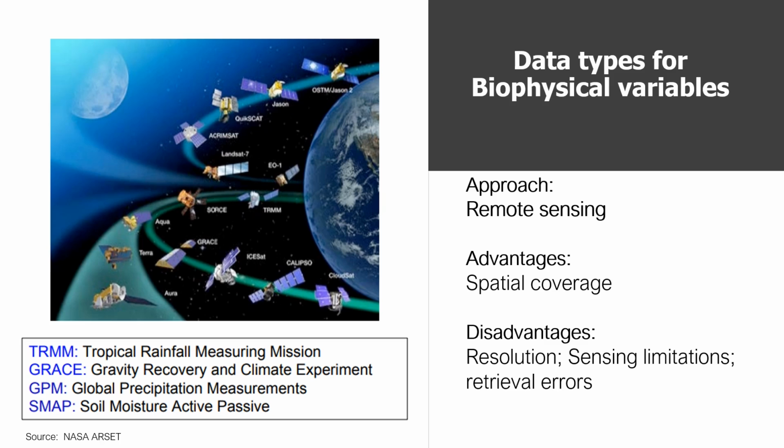Use of precipitation data gathered by numerous satellites under the GPM, or the Global Precipitation Measurement Mission, for example, has become a valuable source for rainfall estimates across the world. Remotely sensed data is a good complement for in situ data with the advantage of greater spatial coverage. However, resolution and sensing limitations may impede usage.